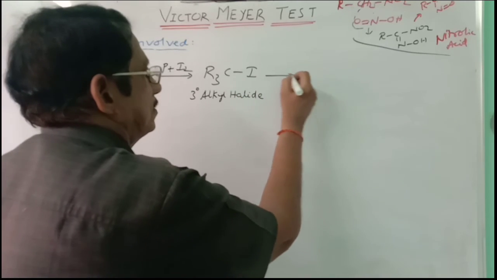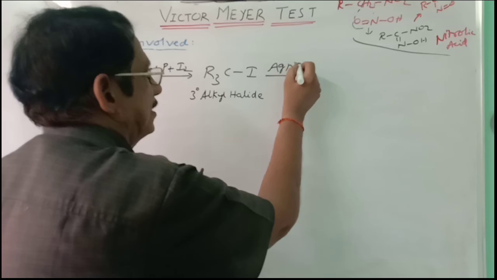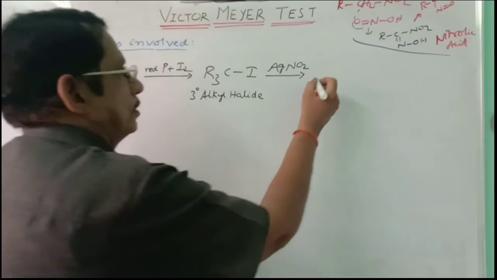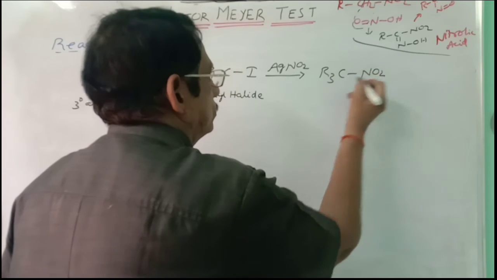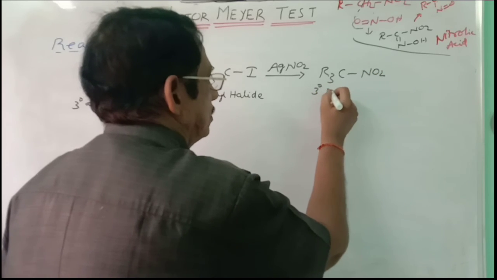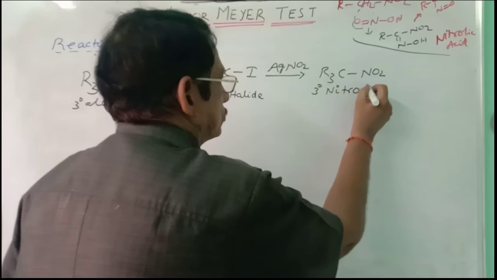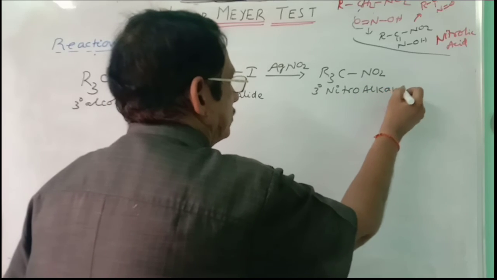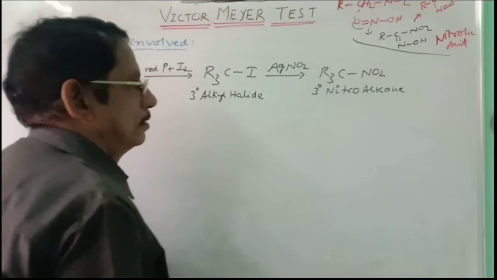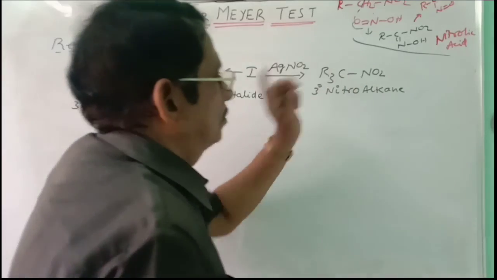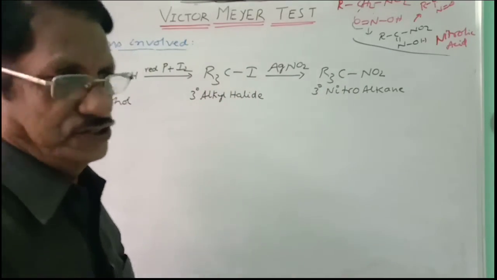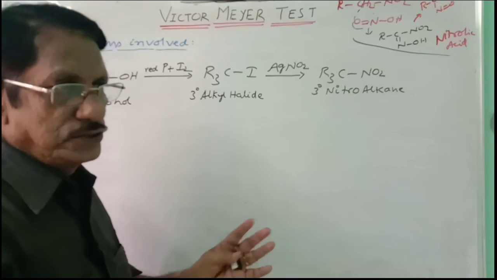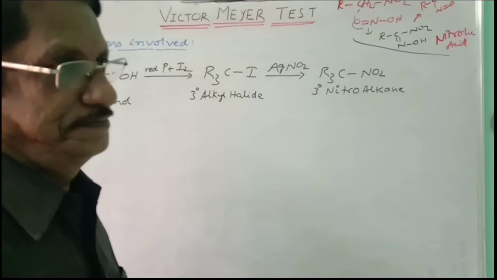Further treated with AgNO2, silver nitrite, it is converted into R3CNO2, tertiary nitroalkane. See, here there is no alpha hydrogen. So there is no tautomerism in this case, and so there is no H plus character.